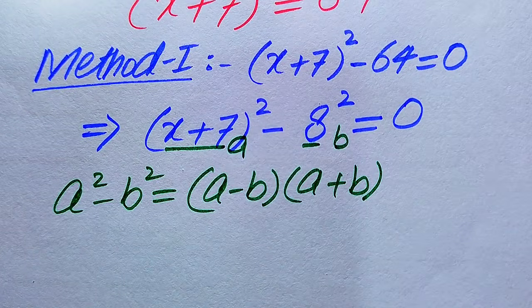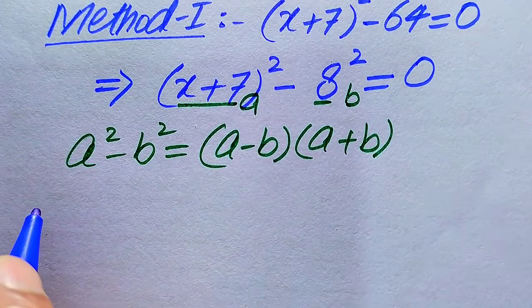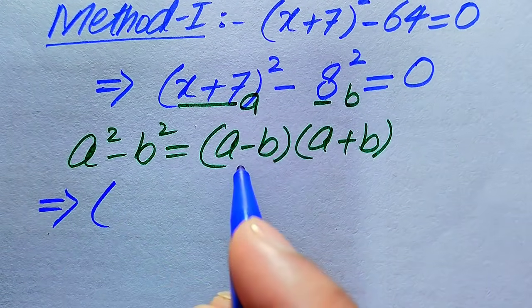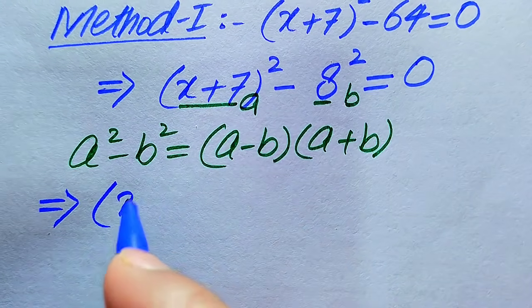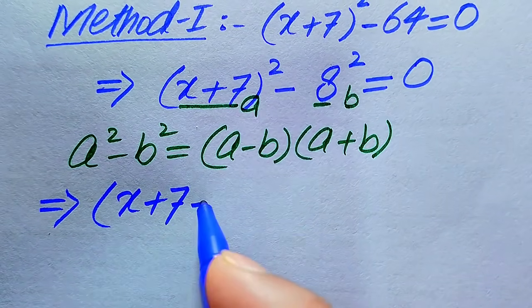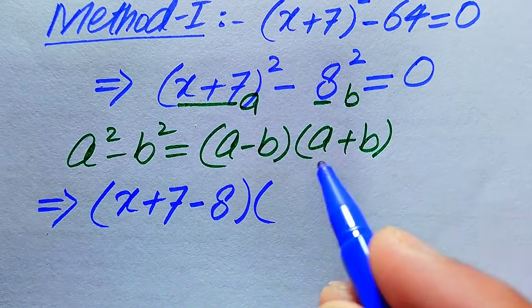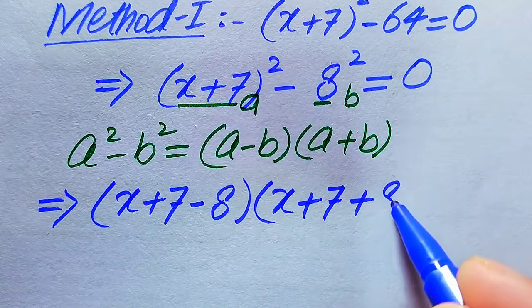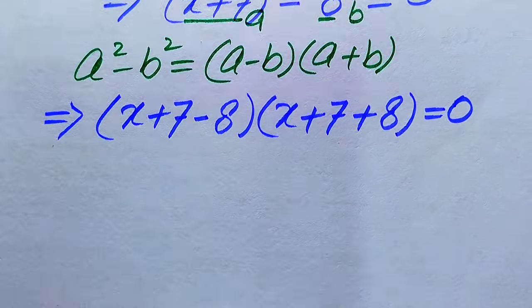So here we need to substitute both of these values of a and b into the formula, and after substituting, it will be written as: first we have the factor a - b. The value of a is x + 7, minus the value of b, which is 8, times the second factor a + b. The value of a is x + 7, plus the value of b, which is 8, and this whole equation equals 0.